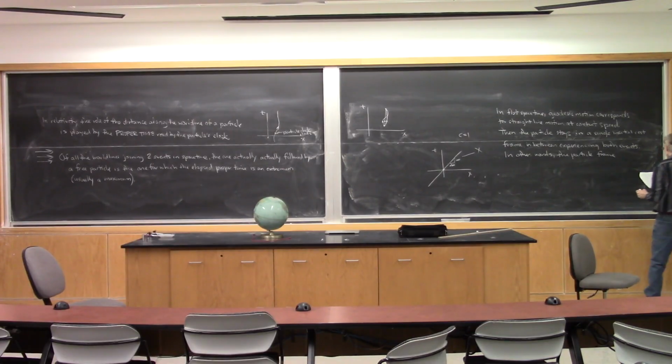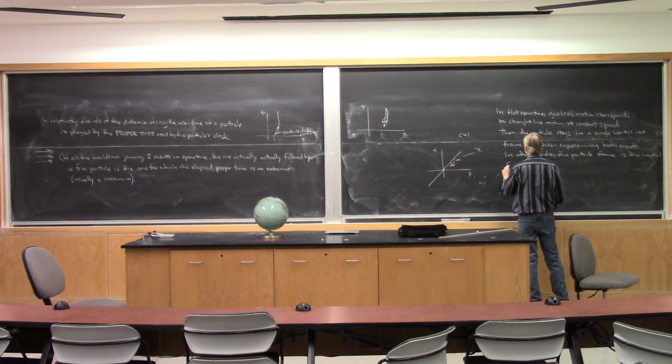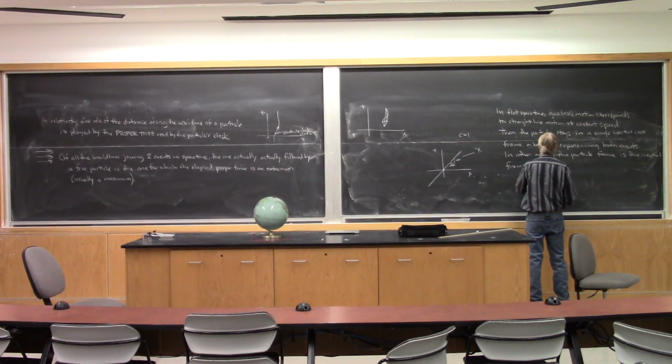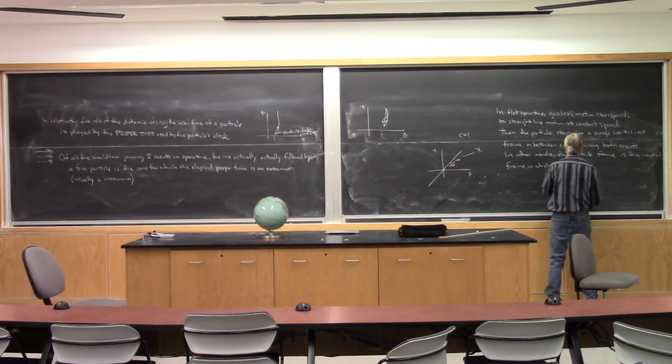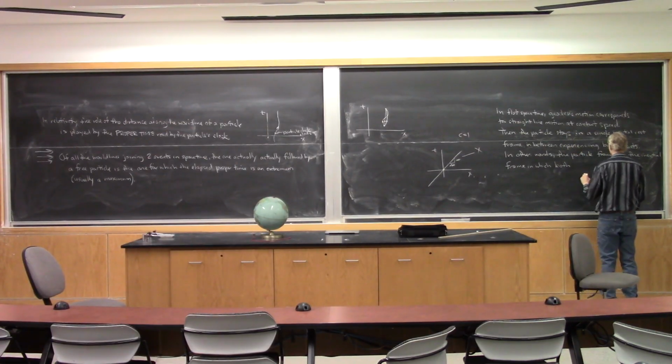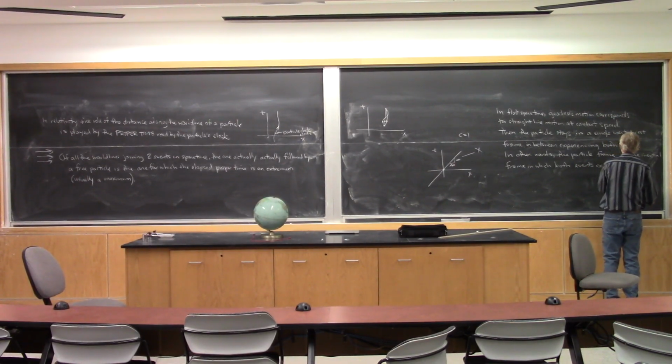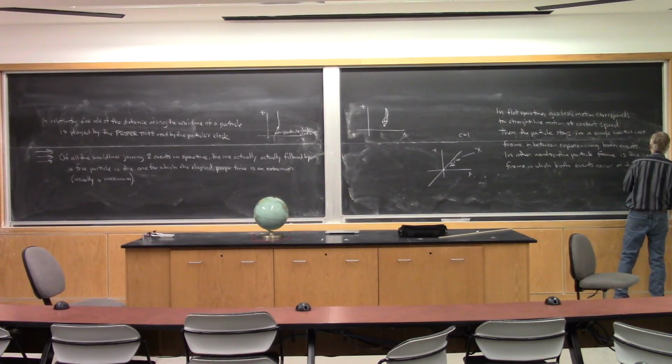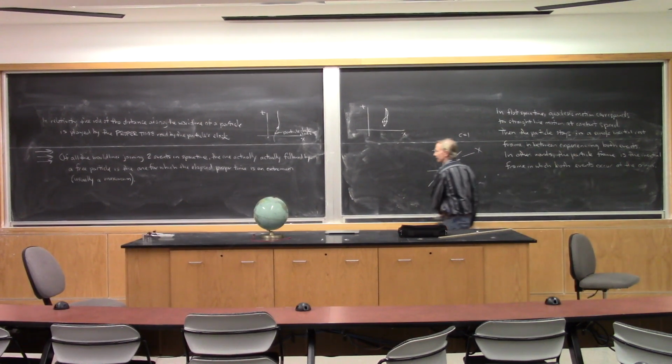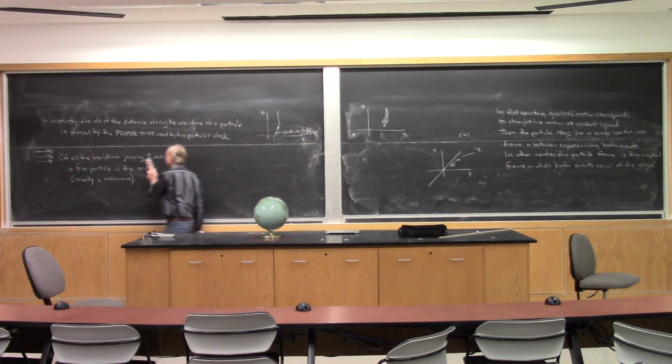So, in other words, the particle frame is the inertial frame in which both events occur at the origin. Particle frame is the one in which both events occur at the origin.